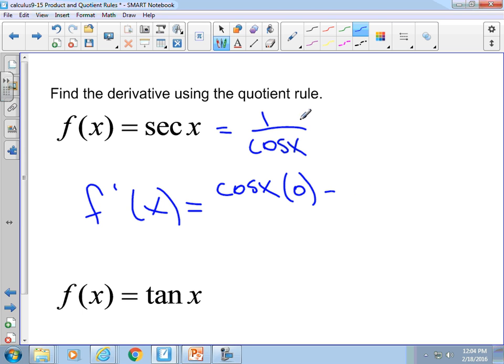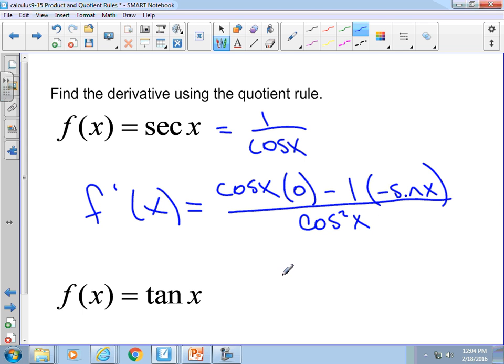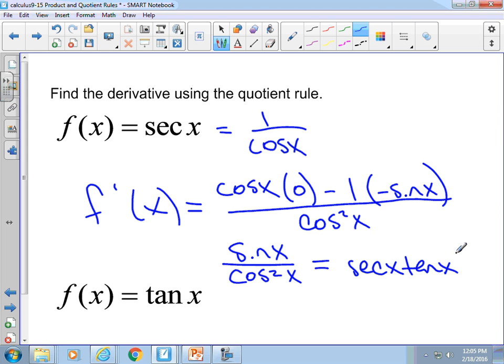Minus high, what's the derivative of cosine? All over low squared. So sine over cosine squared, which is often written as 1 over cosine, which is secant, sine over cosine, which is tangent. So the derivative of secant is secant x tangent x.